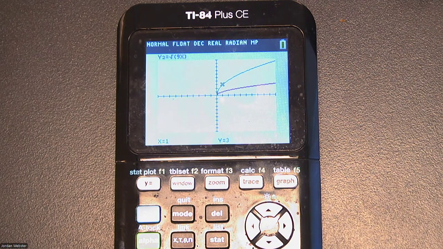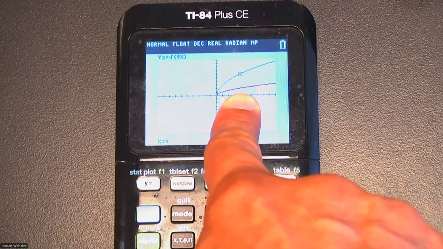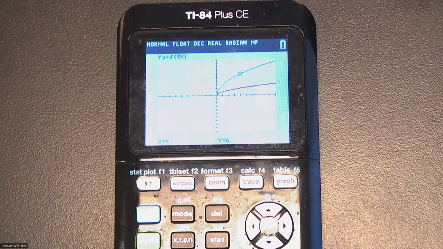That makes sense. So, whoops, we had 4.2 in our original, now we have the 0.46.